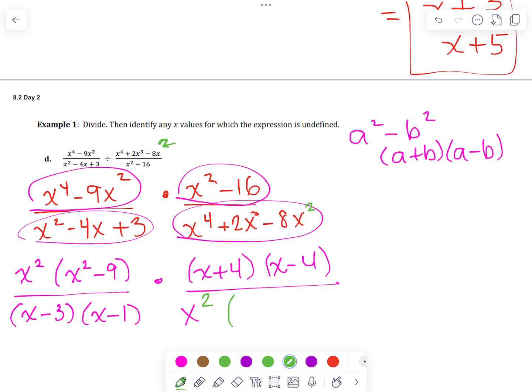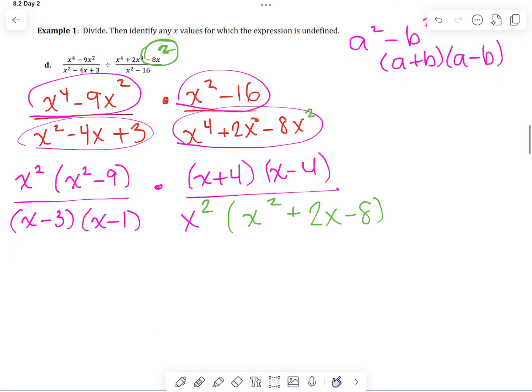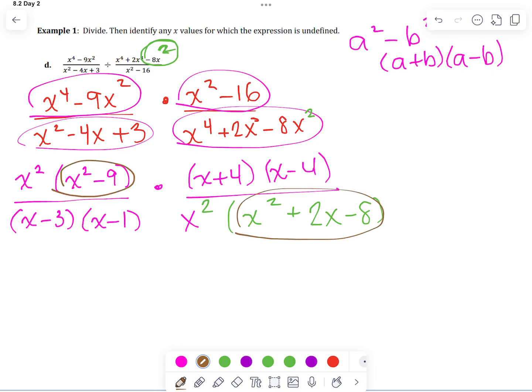So we're left with an x squared plus 2x minus 8. So again, change this last term to an 8x squared. All right, now two of the polynomials have to be continued to be factored. So we have this x squared minus 9 and this x squared plus 8 that have to be factored again.